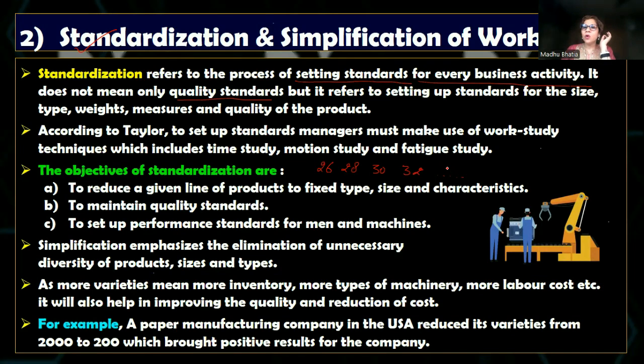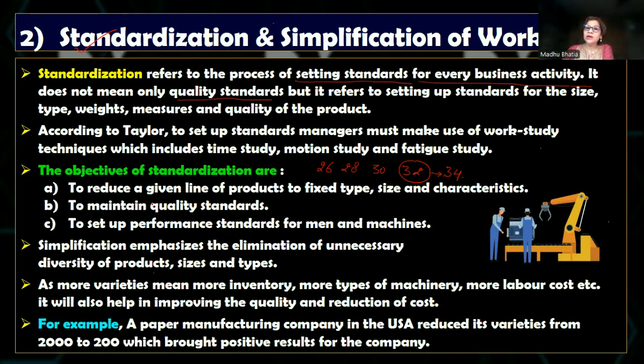So I have an option of either to buy size 32 and squeeze myself in it, or to buy a size 34 and use a belt, or have a little loose fitting garment. तो मेरे लिए specially 33 size का garment नहीं बनेगा until and unless it is made to order. So that is what is meant by reducing a given line of products to fixed type, sizes and characteristics.